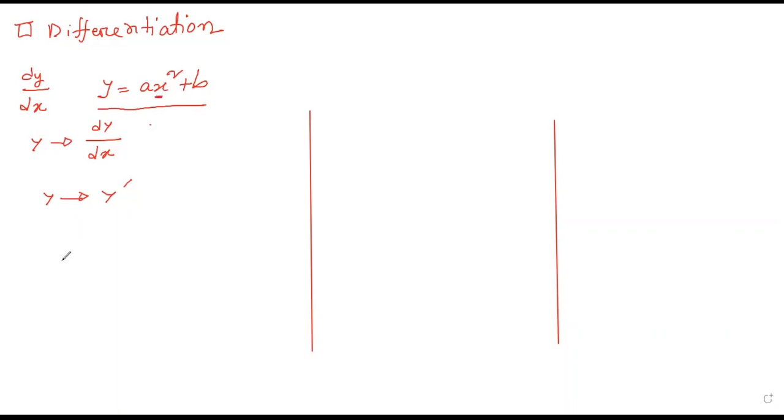So, if we do differentiation on a variable, what will happen? If y is equal to x squared, then differentiation of y will be, first of all, we will take the power 2, then x to the power 2 minus 1.